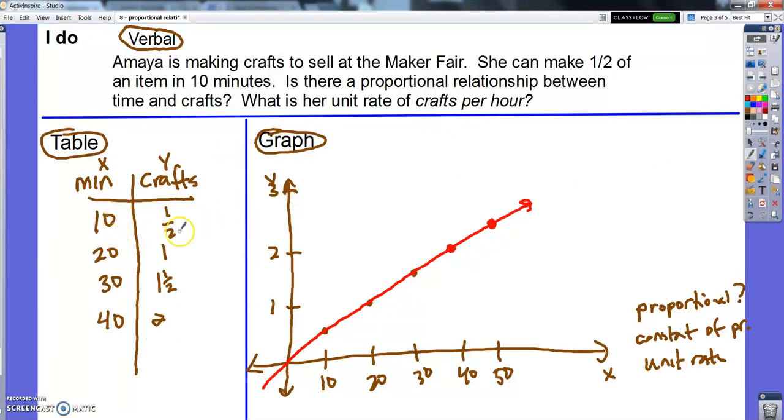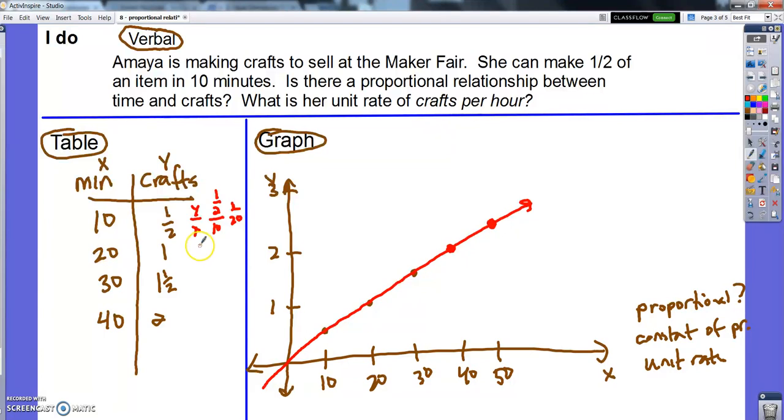So I can go over here, and I can find that by finding the constant of proportionality. I can do y divided by x. That's a half divided by 10. Half divided by 10 is 1/20th.